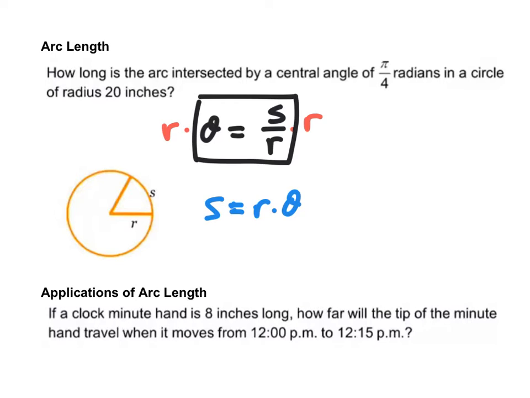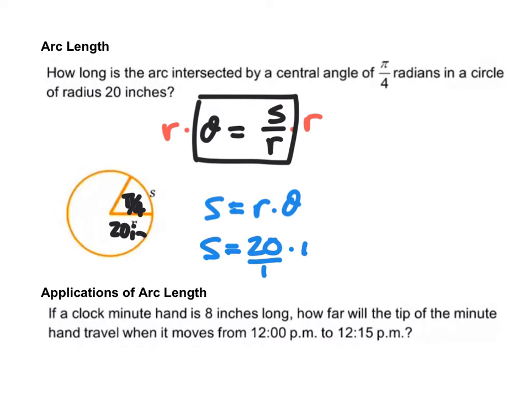So what we want to do is say how long is the arc intersected by the central angle of pi over 4, with a radius of 20 inches. So I want to find my arc length s. My radius is 20 times my angle.